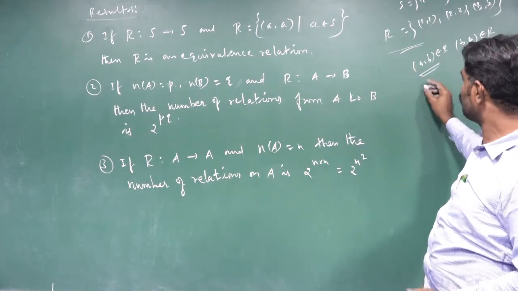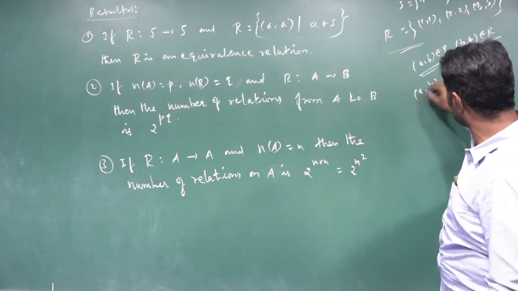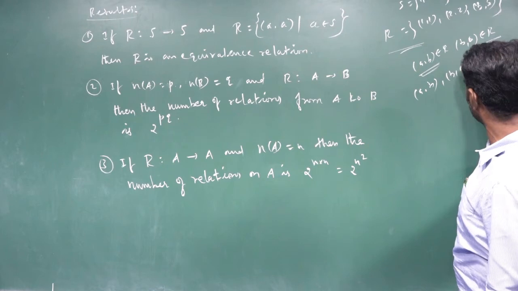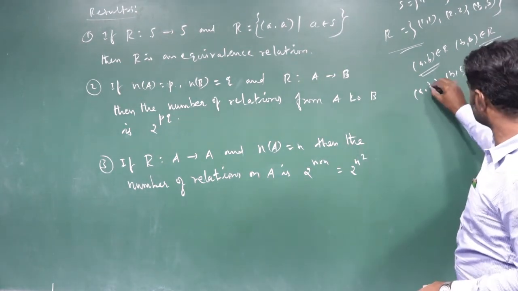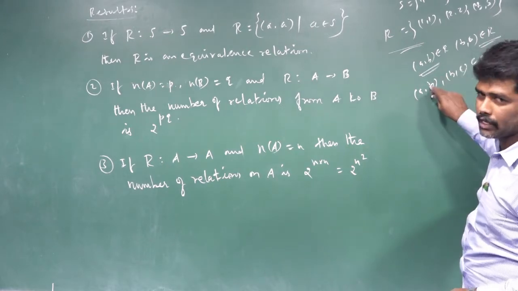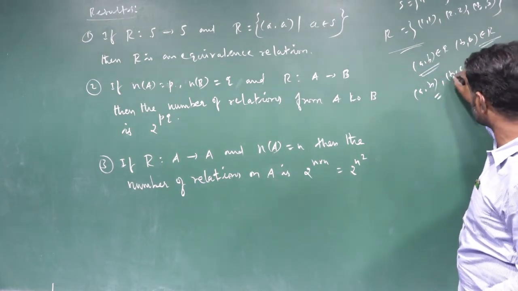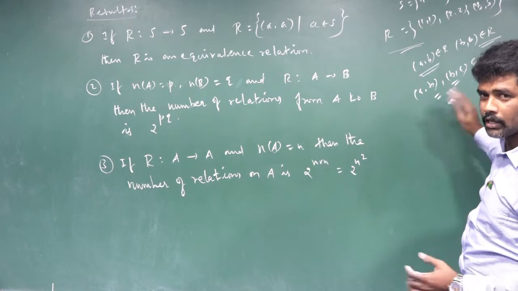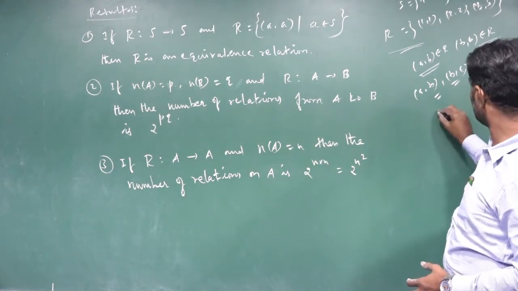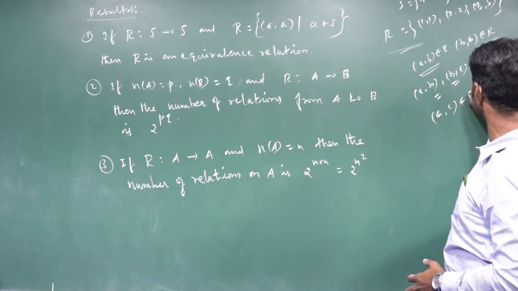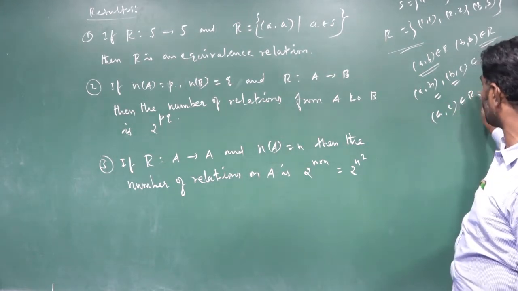Like that for transitive also: if A comma B and B comma C both belong to R, with the second element of the first pair being the first element of the second pair, then only we should verify whether A comma C belongs to R or not.